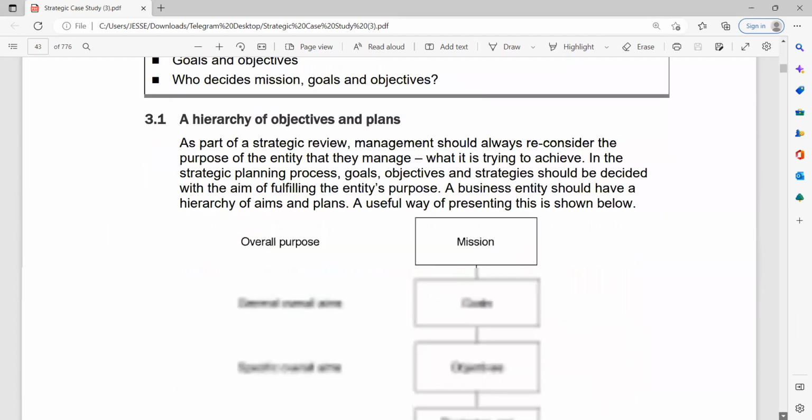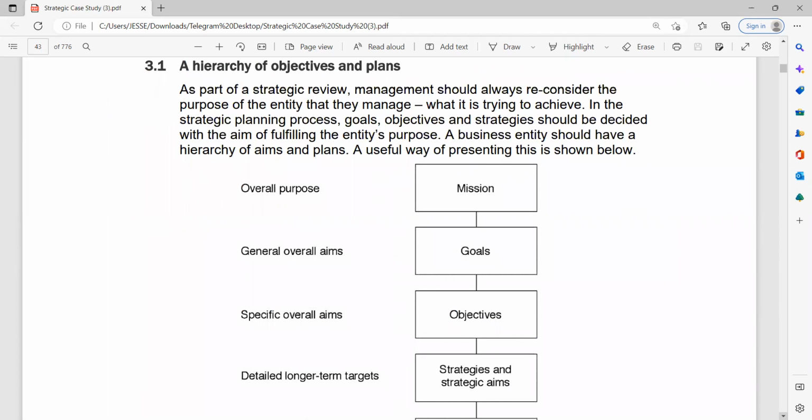Now, let's look at a hierarchy of objectives and plans. What you need to know is that the overall purpose of the organization is its mission. Under this mission, it will have goals, which are the overall aims.